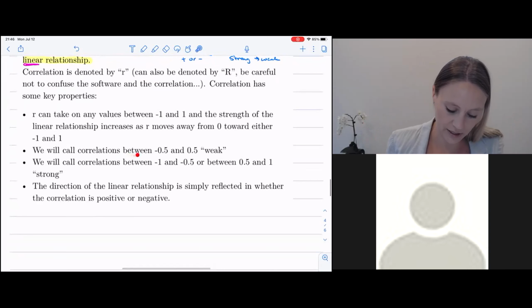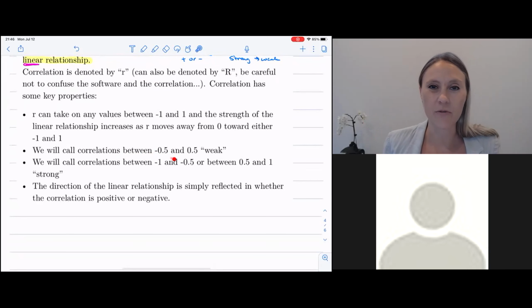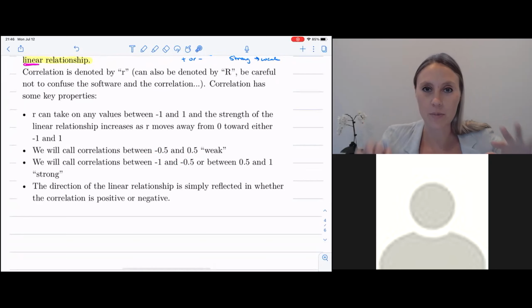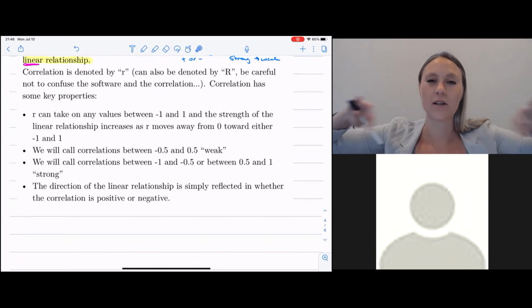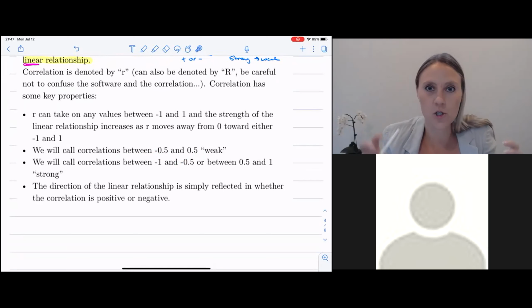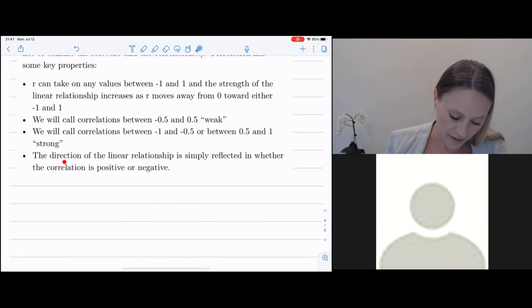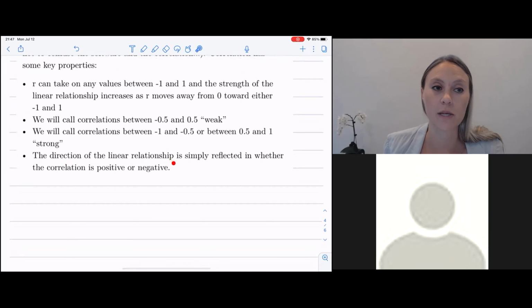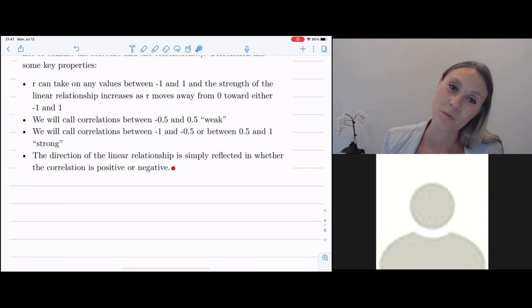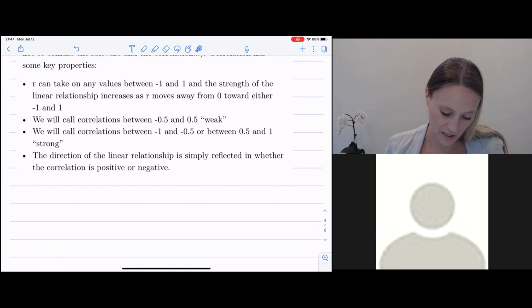We're going to call correlations between -0.5 and 0.5 weak, and anything beyond 0.5 up to 1 on either end we'll call strong in general. Those are just rough guidelines, but sometimes it's nice to have a cutoff point. The direction of the linear relationship is simply reflected in whether it's positive or negative. So that's nice.